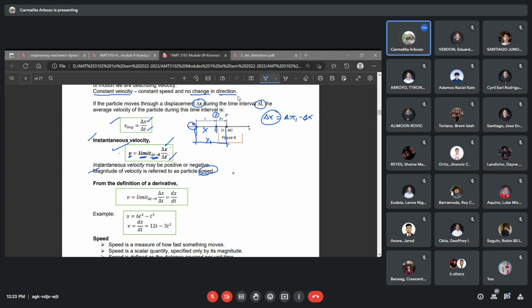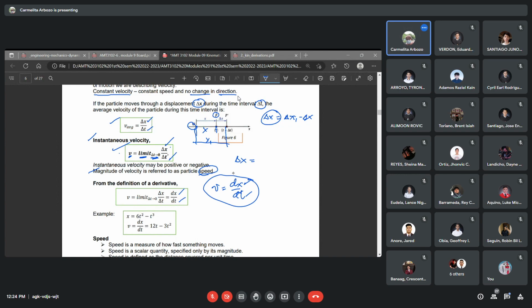Pag sinabi nating delta x, you have the difference in position, so you have derivative of x, or dx and dt. So, pwede mo rin sabihin na instantaneous speed is equal to dx over dt. Ano yung dx? The derivative of x divided by the derivative of time. Okay?